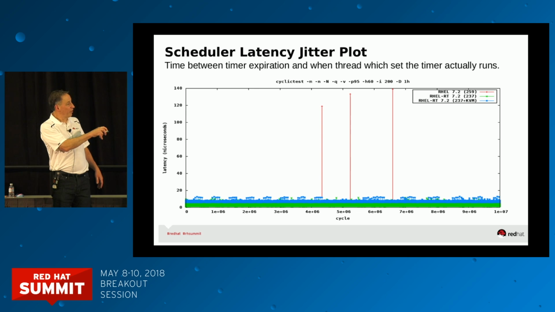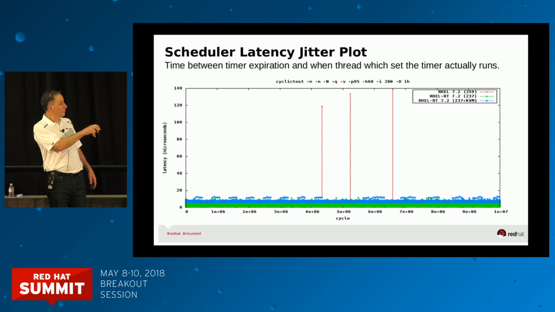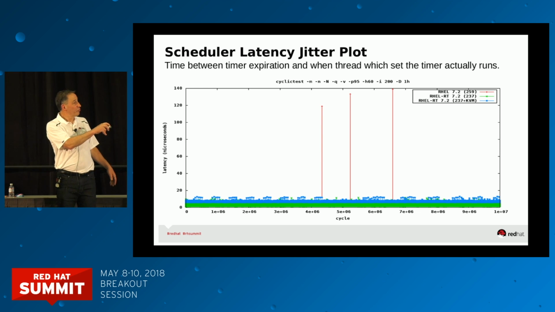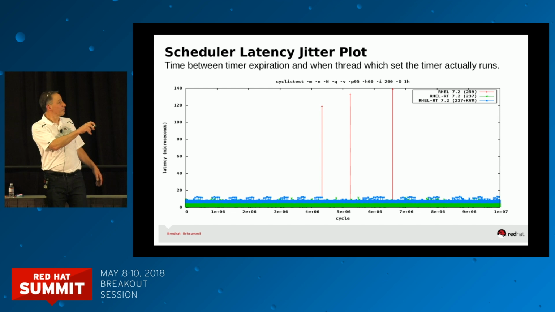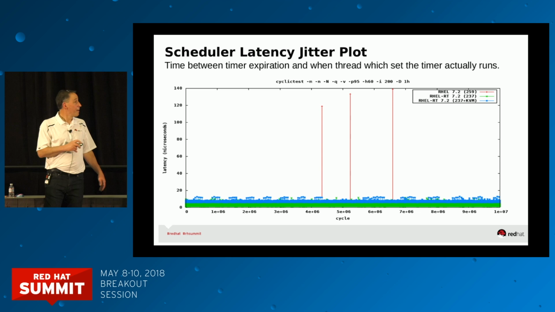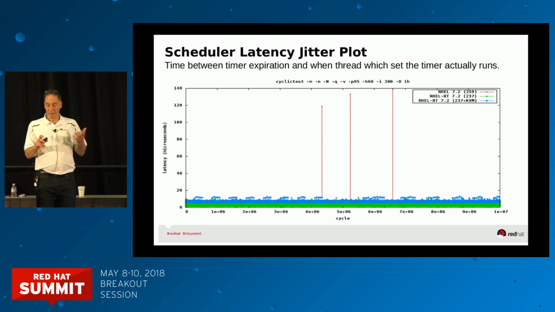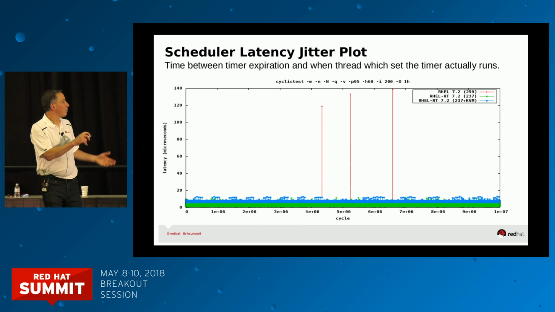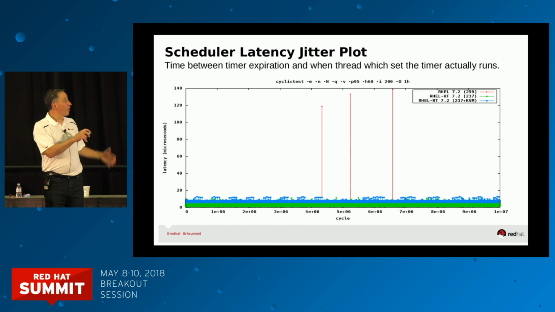You could see that the real-time kernel along the bottom was quite quiet, like 10 to 12 microseconds tops. And the RHEL 7.2 kernel had spikes well over 100, 140 microseconds. And the question was, what do we do about it? People said, I don't want to run the real-time kernel. How do I get rid of those latency spikes?